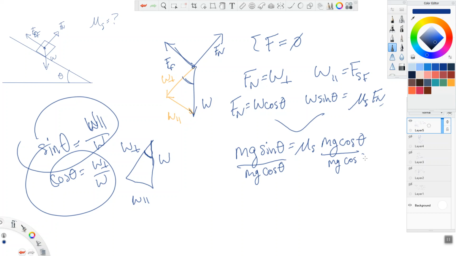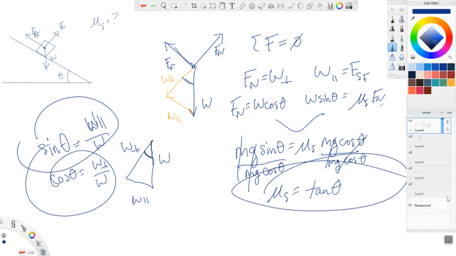And we're noticing, hopefully, some interesting things going on. Mass and gravity cancel out, so I get that the coefficient of static friction of an object that is not moving is sine theta divided by cosine theta, which is also denoted as tangent theta. Interesting physics.